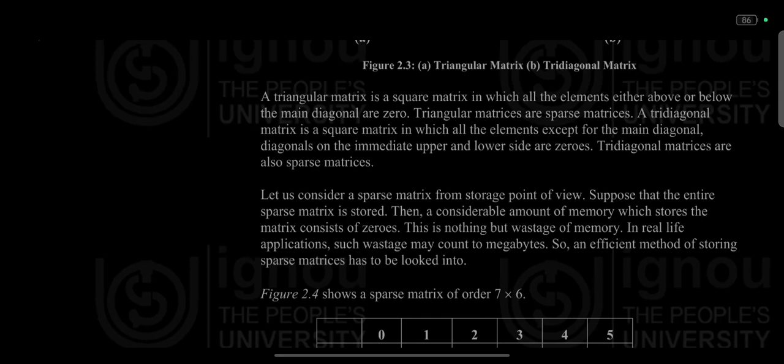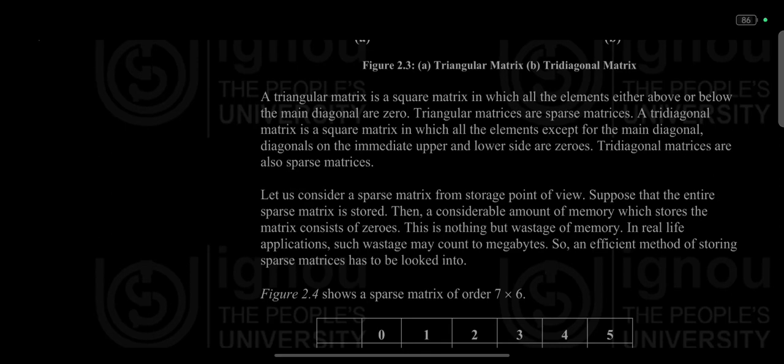Triangular matrices are sparse matrices. A tridiagonal matrix is a square matrix in which all the elements except for the main diagonal and the diagonals on the immediate upper and lower side are zeros. Tridiagonal matrices are also sparse matrices.